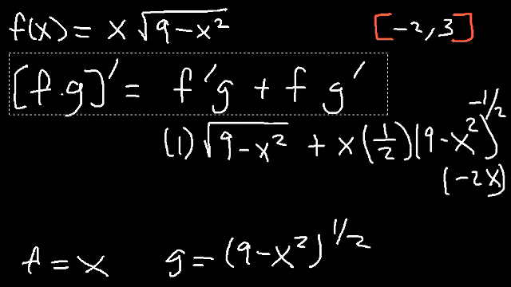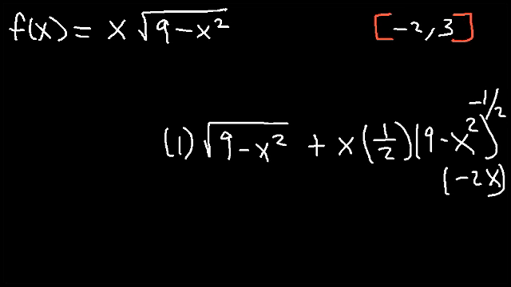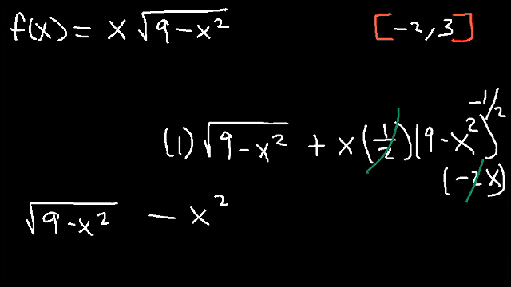So let's simplify what we have there. So it's the square root of 9 minus x squared. 1/2 and 2 cancels, and then it's negative x squared, which is x times negative x.